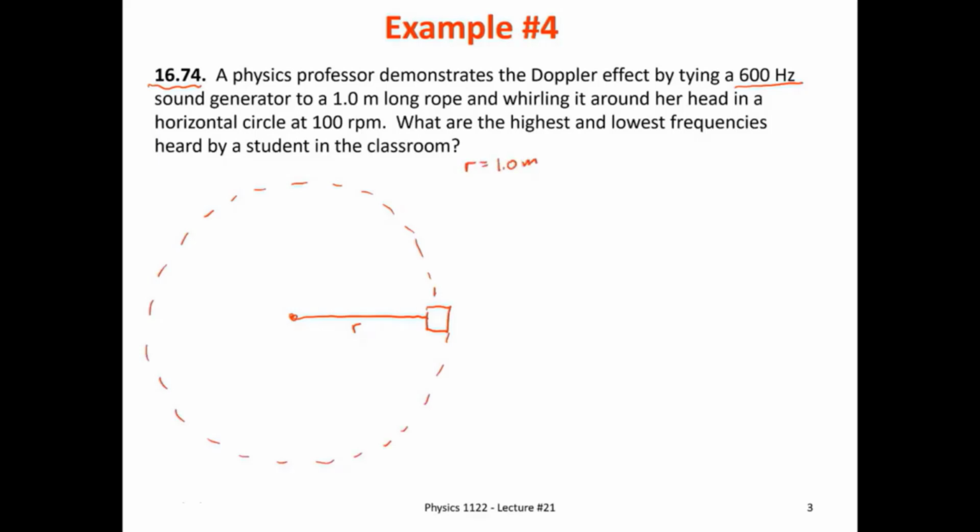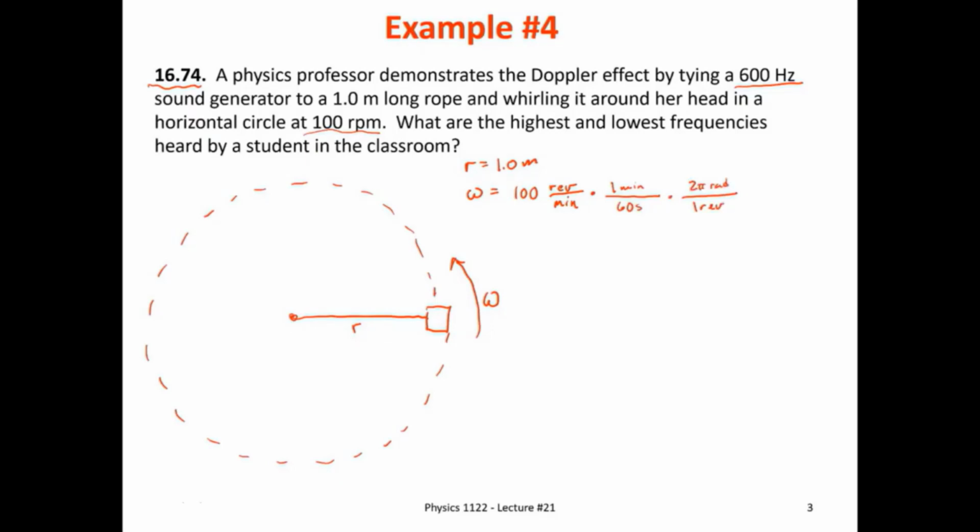And the revolutions per minute represents the rotation frequency, which is omega, and omega then is equal to 100 revolutions per minute. And this is non-SI units. We need to convert that to rad per second. So in 1 minute, there's 60 seconds. And in 1 revolution, there's 2 pi radians.